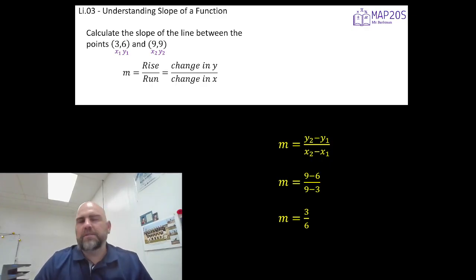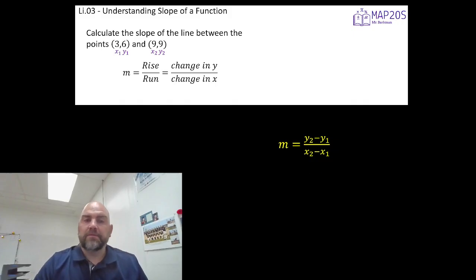In all cases, as a teacher, and I'm sure other teachers, depending on where you go to school or what you're learning here, are going to also ask that you put this into lowest terms. Some might ask for a decimal as well. If we put this into lowest terms, we have a slope of 1/2. And this represents how steep the line is. 1/2 isn't necessarily a super steep line, but it does represent the slope of this line.